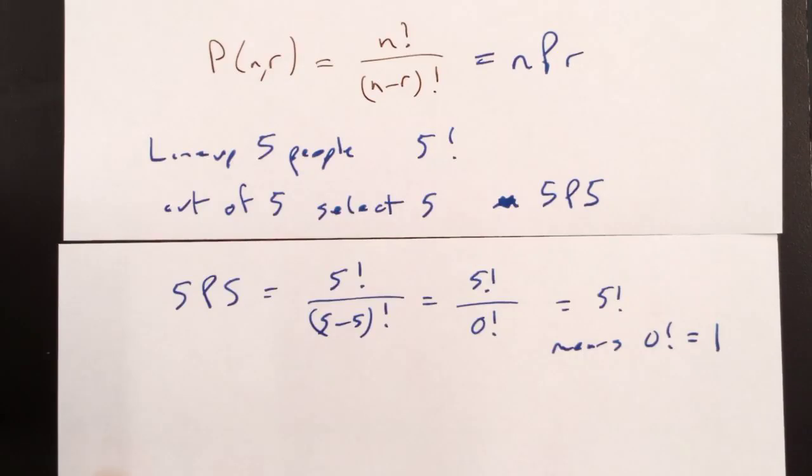So what if we were to take out of this group of 5 and think about the bride and the groom together, then how many ways could I line people up?